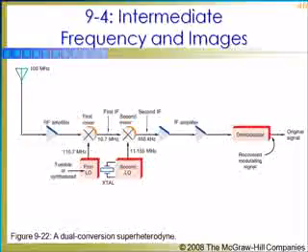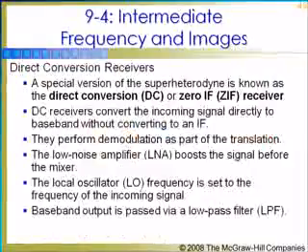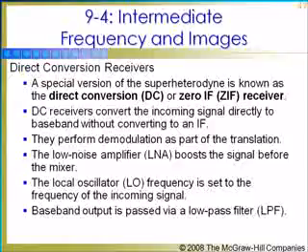Well, in some receivers, the second LO is the one that provides for the tuning, and the first LO is the one with fixed frequency. A special version of the superheterodyne is known as the direct conversion or the DC or zero IF receiver, or the ZIF receiver.